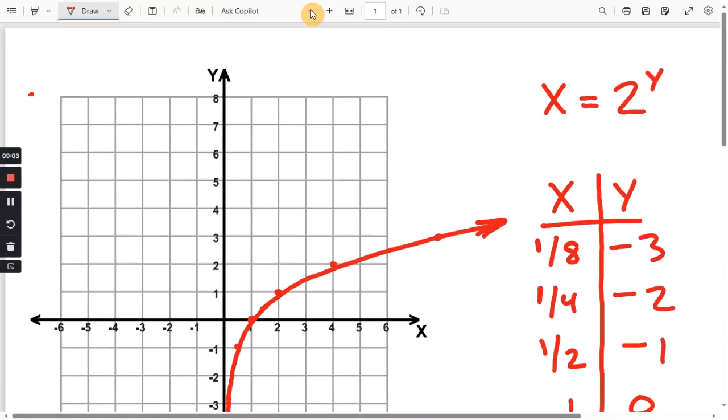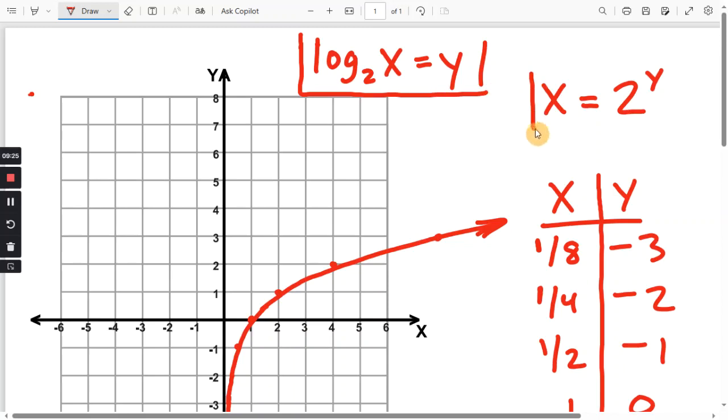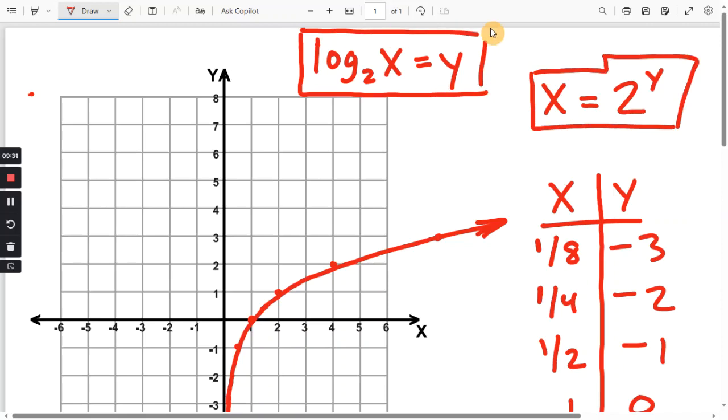And the original function was, let me see, it was log base 2 of x equals y. All right, so this was the original. And this is the same thing written in exponential form. All right, so the graph applies to both of these functions.